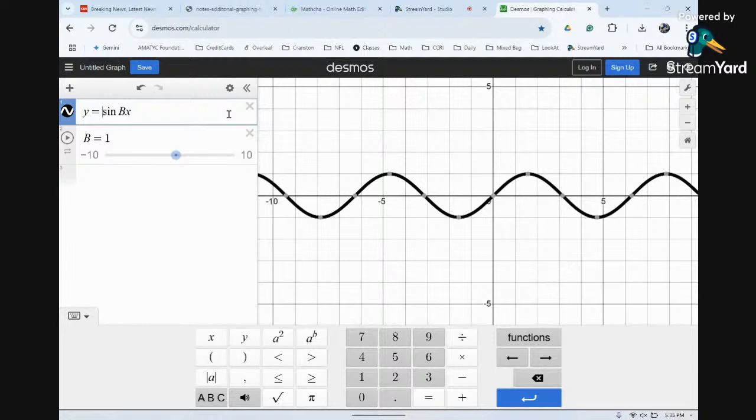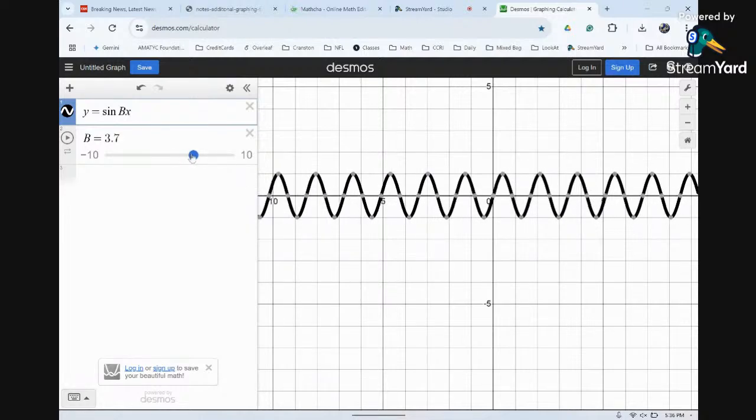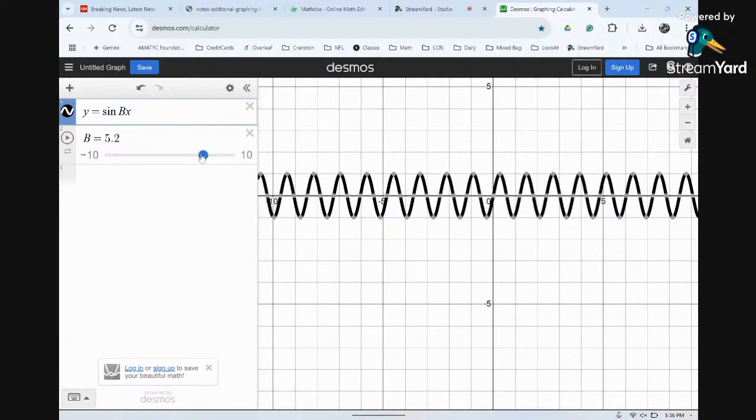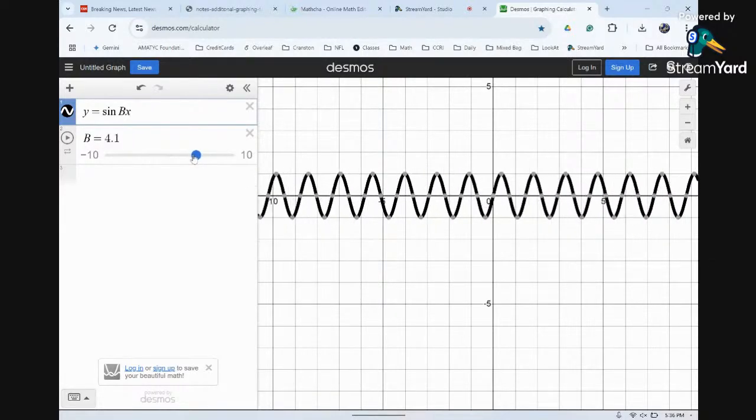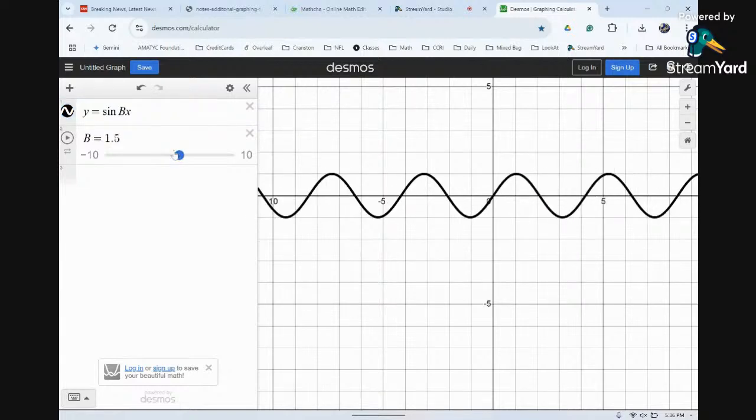Watch the change here. It's not a shift. It's not a reflection. But it changes what we call the frequency of the graph. But really what we're doing is stretching it horizontally or compressing it horizontally. Stretch horizontally like a slinky.